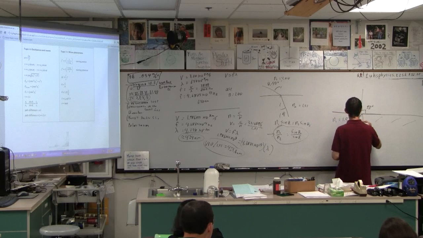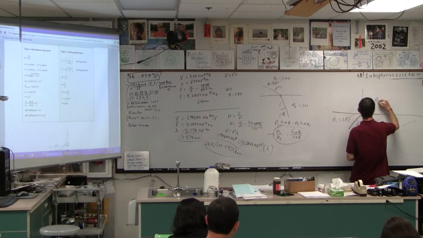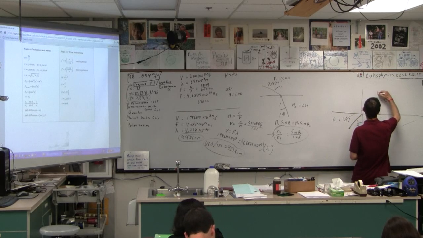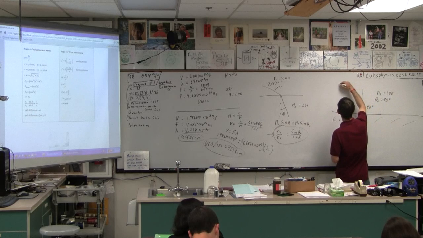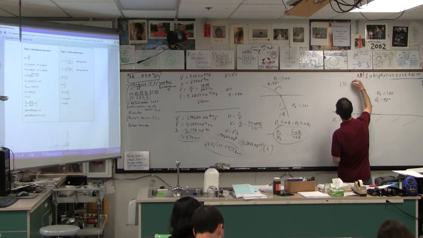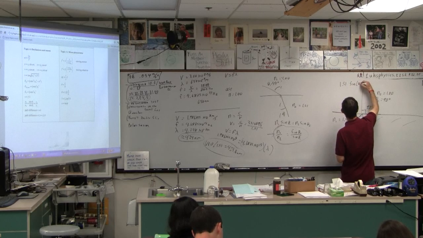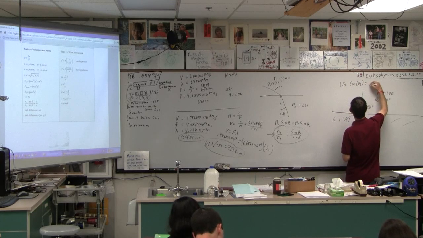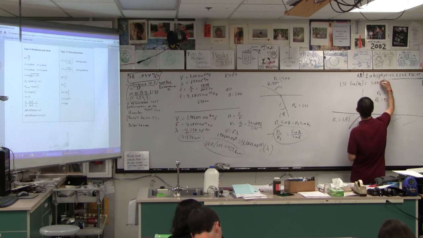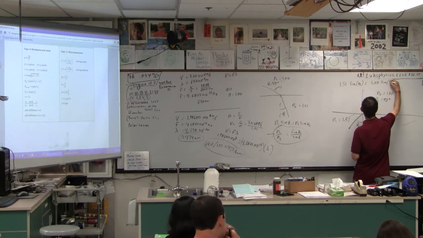And then this theta here is the critical angle, theta 2 is 90 degrees, n2 is 1.00. So 1.51 times sine of the critical angle is 1.00 times sine of 90.